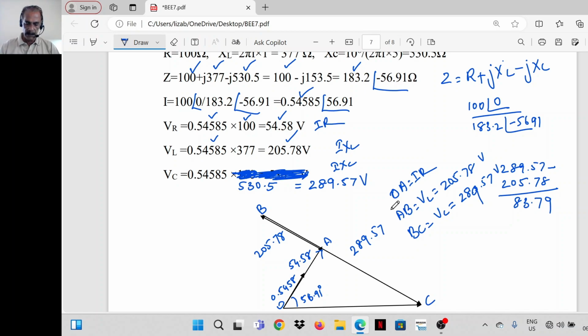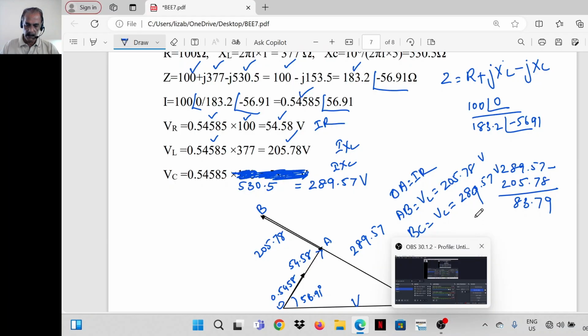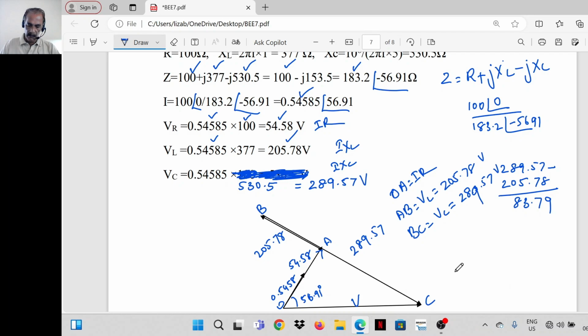Now we can counter check that this is V. V is equal to square root of OA square plus AC square.